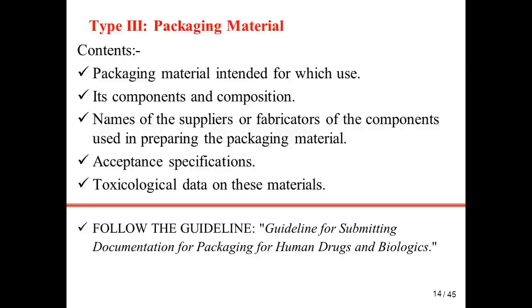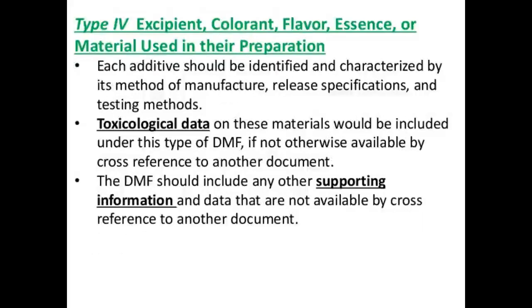Type 3 includes packaging material, from bottles and caps to PVC resin used in their manufacture, which must be covered in a Drug Master File or other Food and Drug Administration document such as a New Drug Application. Then Type 4 includes a master file for excipients, colorants, flavor, essence, or material. Excipients are chemically inactive substances, for example lactose, cellulose, that are used to bind the drug powder together so that it can be pressed into a tablet.